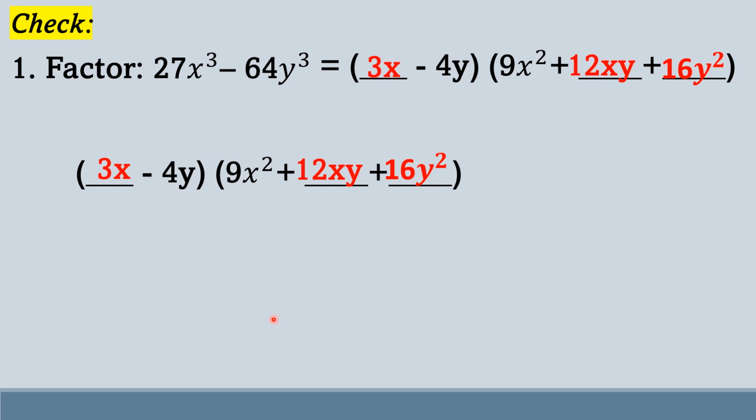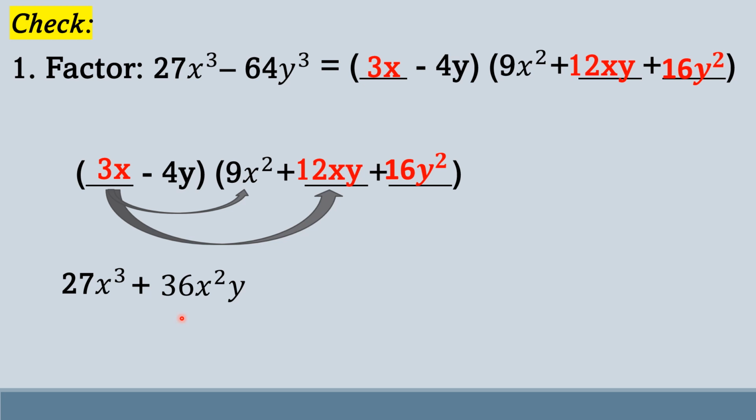So we have 3 times 9x squared, we have 27x cubed. 3 times 12xy will give us 36x squared y. The symbol that we're going to use is plus.